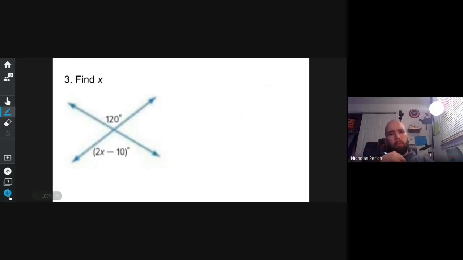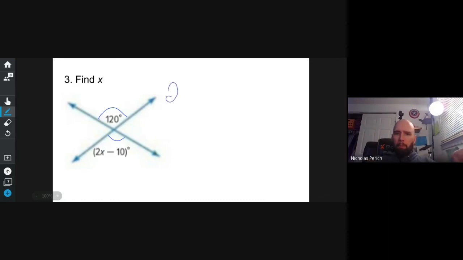All right. Ideas? No? Okay. These are vertical, right? Because they're across from each other and they're created by two intersecting lines.